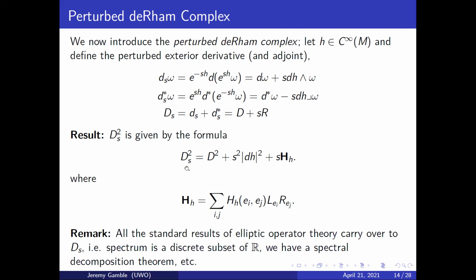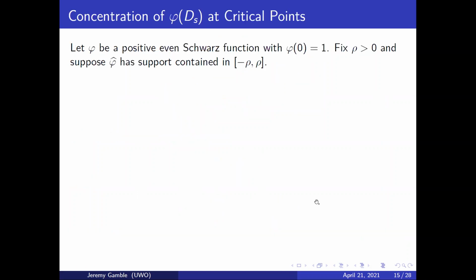So all your Sobolev stuff, your Gårding inequality, you can do functional calculus. It's densely defined and self-adjoint and has discrete spectrum contained in the real numbers. All that kind of stuff applies to this operator, exactly what you would expect to apply to D_s.